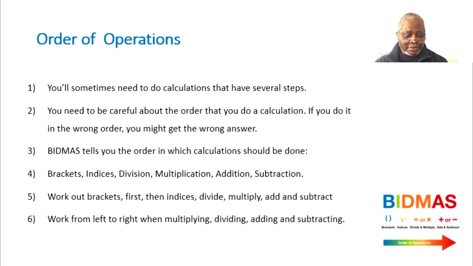And then point 6, from the left to right when multiplying, dividing, adding, and subtracting. So basically you have to multiply, divide, add, and subtract, but you need to do the more complex calculations first, so you have one figure to work with for each of those sections.